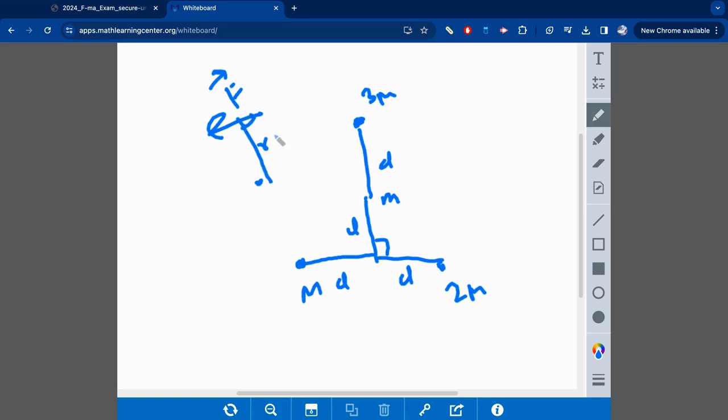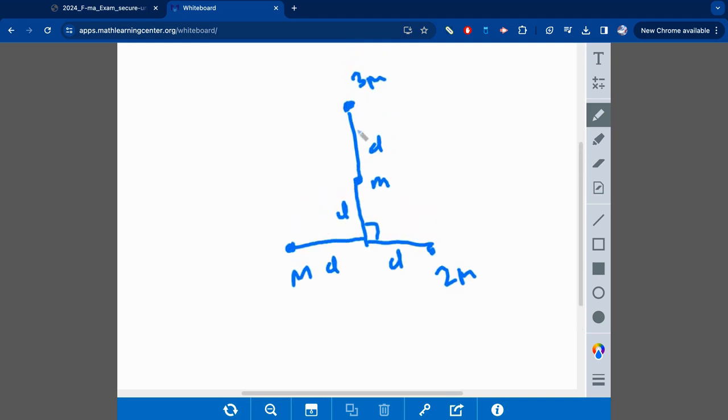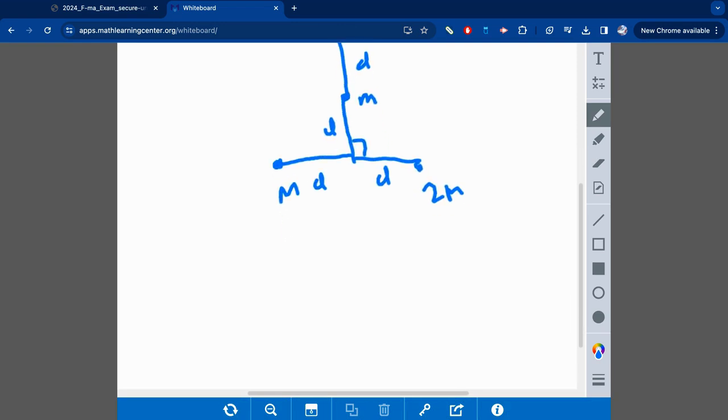So let's say this is R, and our torque is F times R. So if we were to do it for this, what are the forces acting on m, and what forces produce torques about this point? The only two forces would be the gravitational forces from these two, because the gravitational force from this would pass through this point, so it wouldn't have any torque.